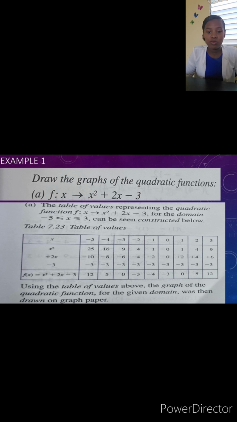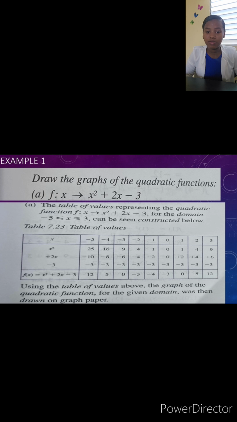Our x value is 0 and your y value is -3. Very good. I can see that everybody understands. This is going great. Alright, so our x value is 1 and our y value is 0.